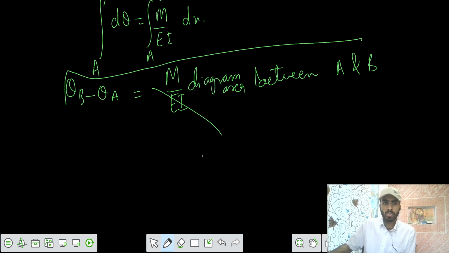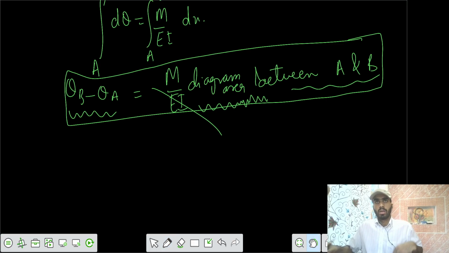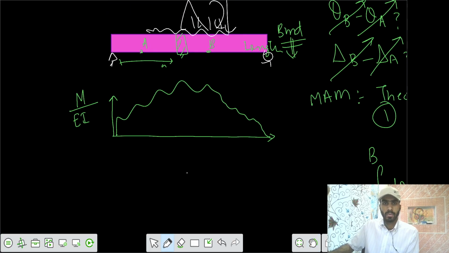So this is theorem one that says that the slope difference between the 2 points equals the M by EI diagram area between the 2 points A and B. So once you have point A and point B, if you want to know the theta difference between the two, get the area between the 2 points in the M by EI diagram.